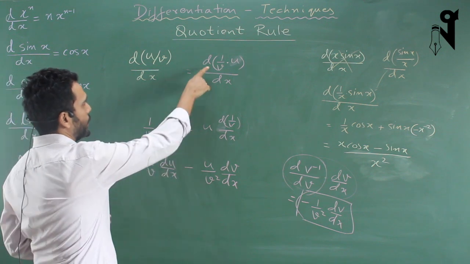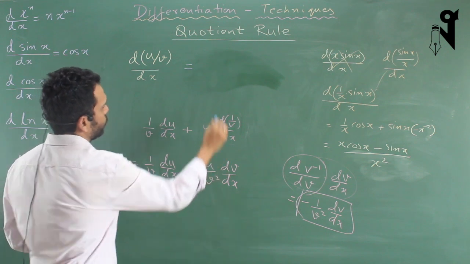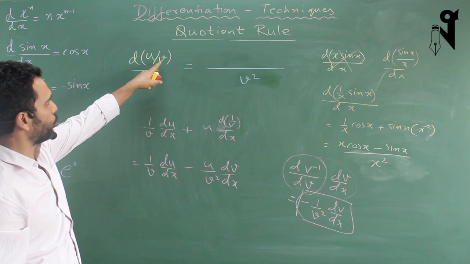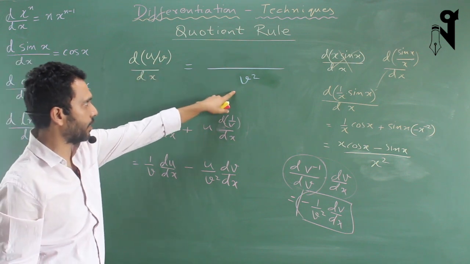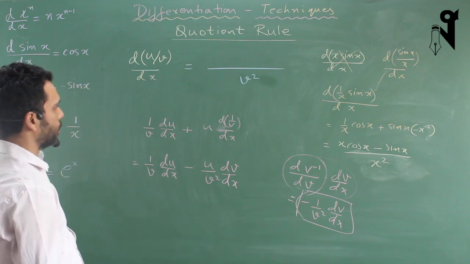So I'll write it straight away over there because that's the final answer. So it is v square as the LCM, the one which was in the denominator, the square of that as a common denominator for the two parts.